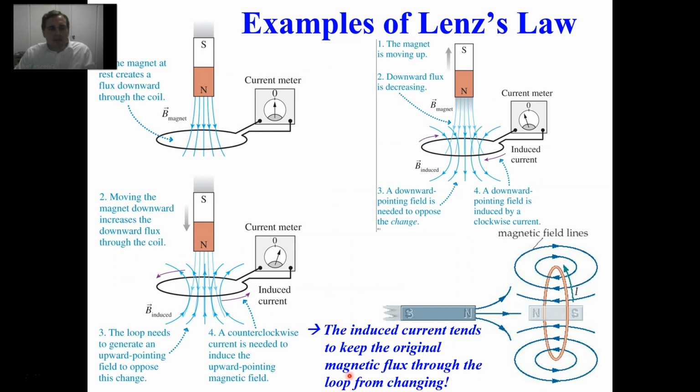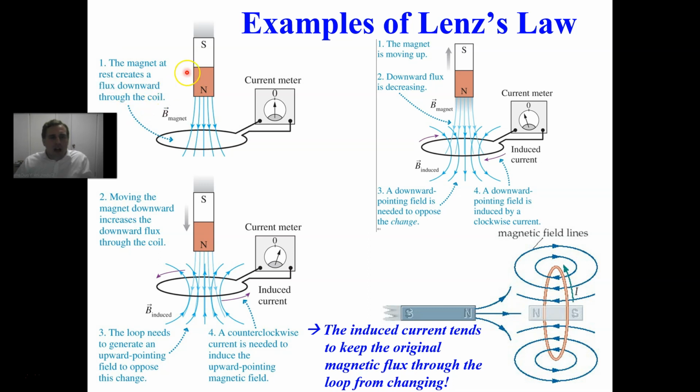Here are some examples of Lenz's law. Suppose you have a magnet and you plunge it down through this loop. There's electric current in the loop, and that current acts to resist the change of the magnetic flux. Moving the magnet downward increases the downward flux.